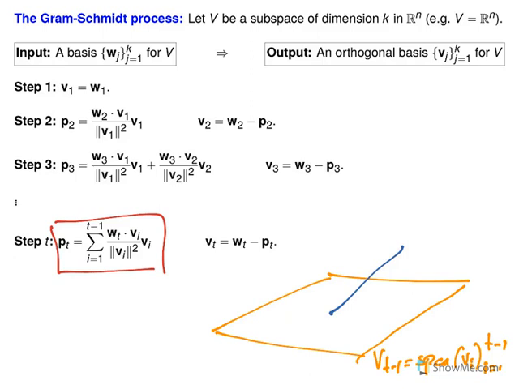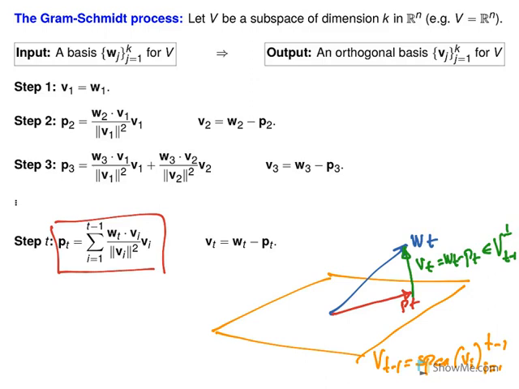So this picture is exactly the same as before. We're given Wt, and then Pt is its projection. And Vt is this guy. So Vt is Wt minus Pt, which necessarily lies in the orthogonal complement to the previous vectors.